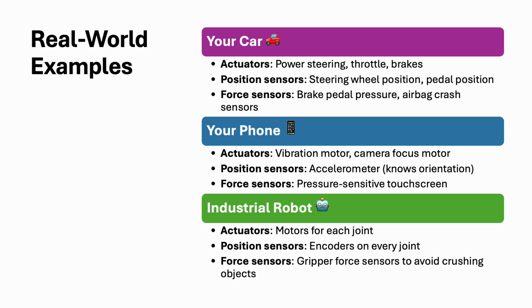Force sensors are pressure sensitive touch screen, and an industrial robot has actuators in terms of motors for each joint. Position sensors are encoders on every joint, whereas force sensors are gripper force sensors to avoid crushing the objects.